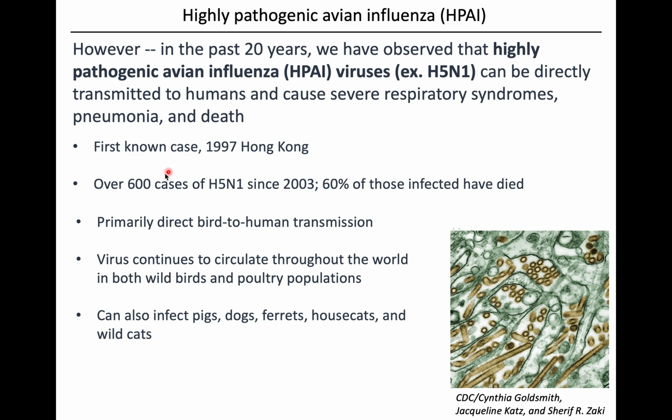We had about 600 cases of what is now known to be a H5N1 virus, and about 60% of those 600 cases died, so that's a pretty staggering mortality rate there. And almost all of these were thought to be direct bird to human transmission rather than human to human.